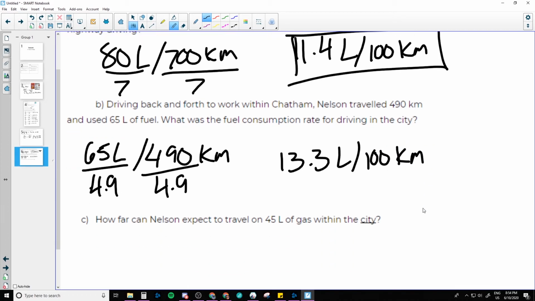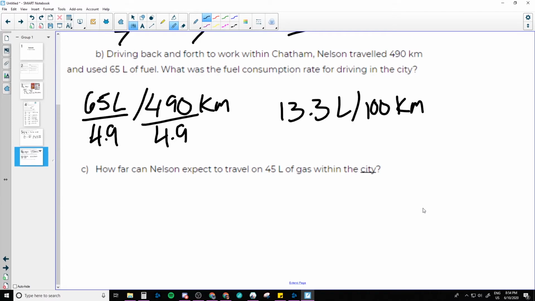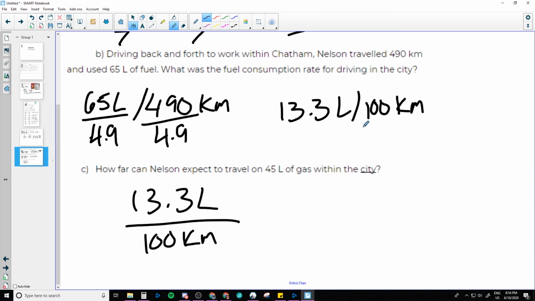So now it wants to know, how far can Nelson expect to travel on 45 liters of gas within the city? Well, now we're going to use our cross multiplication and division. So 13.3 liters for 100 kilometers in the city. Make sure you're using the right rate, right? Once in the city.